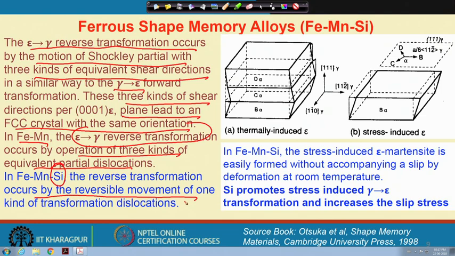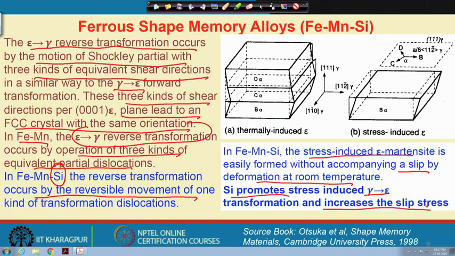So, stress induced epsilon martensite is easily formed, accompanied by slip during deformation at room temperature, and here we add silicon in order to promote the stress induced transformation and increase the slip stress.